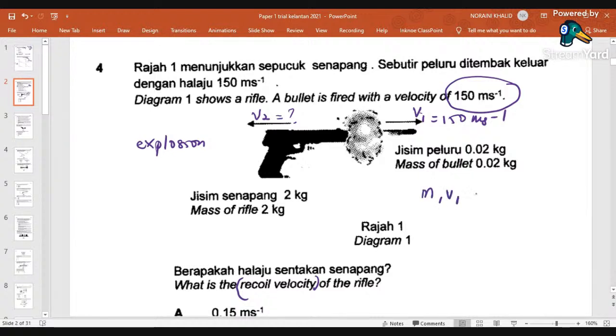Okay, so we can write something like this. M1 V1 equals to M2 V2. Okay, for M1 is the bullet, unit must be kilogram. V1 150, M2 is 2 kilogram. We want to find V2.